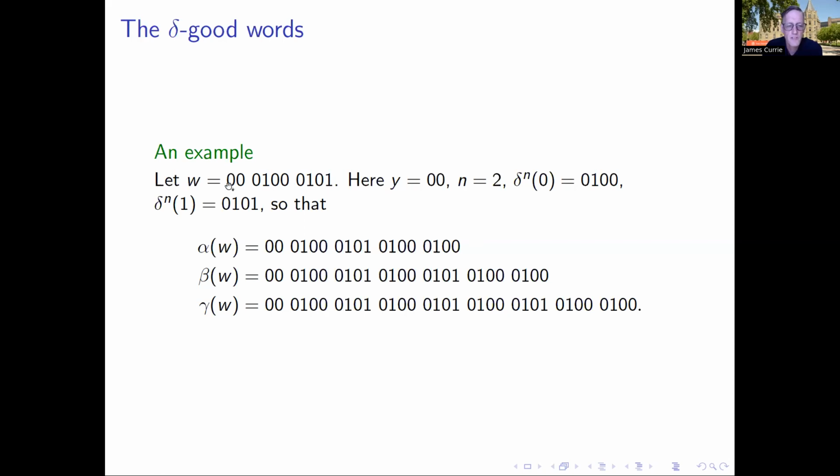So I've got this prefix y, followed by delta squared of 0, 1. So in this case, alpha of w, I keep the y, and now I have delta cubed of 0 followed by delta cubed of 1. For beta, I keep the y. I have delta cubed of 0, 0, 1. And for gamma, I have y followed by delta cubed of 0, 0, 0, 1.